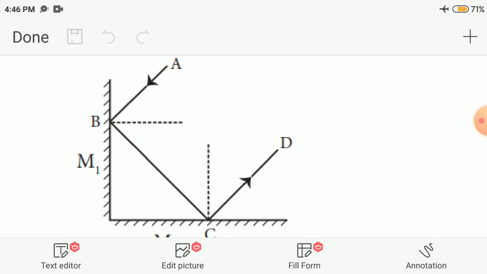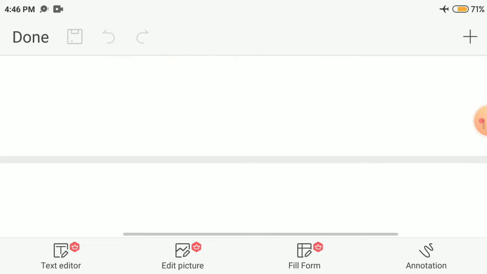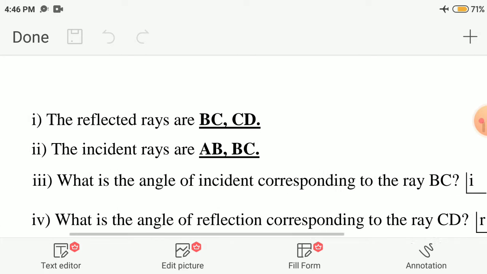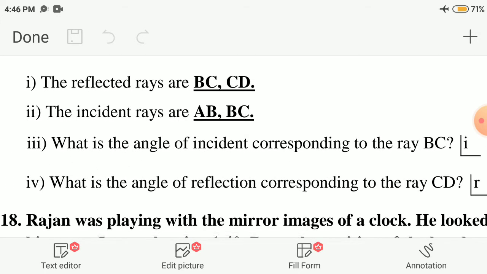The incident rays are AB and BC. The reflected rays are BC and CD.